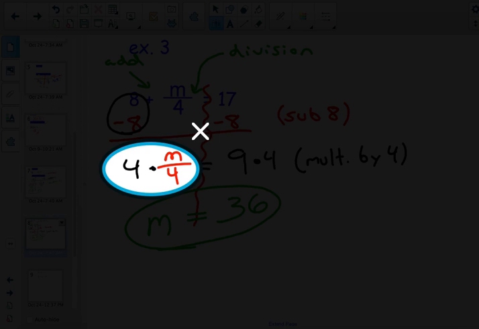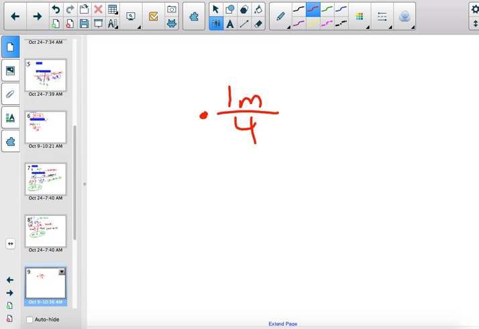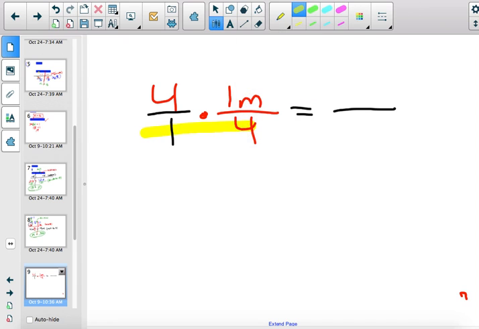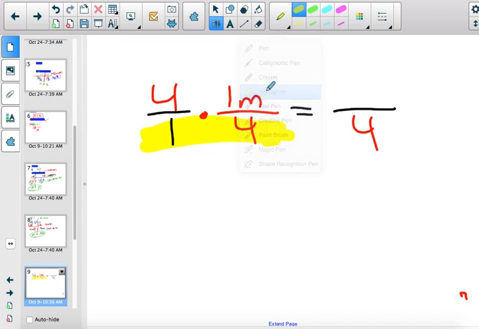So I'm going to rewrite this as 1m over 4 times 4. How do I write 4 as a fraction? Let's go across. What does 1 times 4 equal?